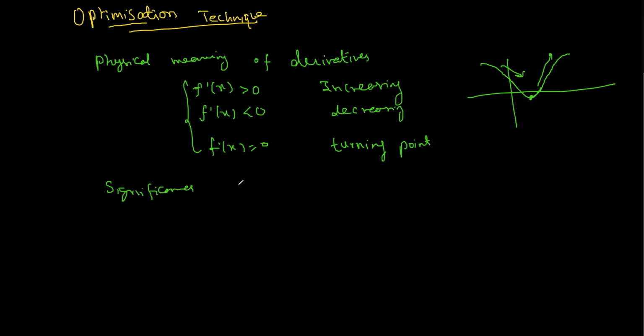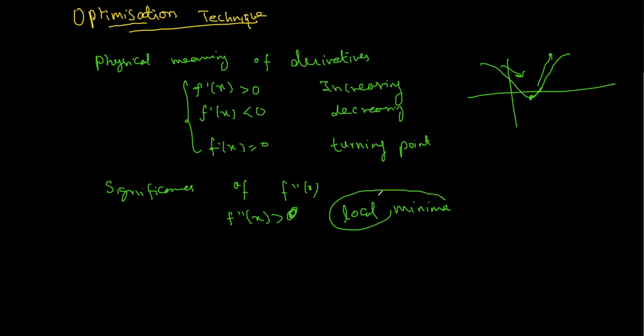The significance of f double dash x. If f double dash x is positive, it shows local minima, not maxima. I am talking about local, not global. If f double dash is negative, then local maximum.